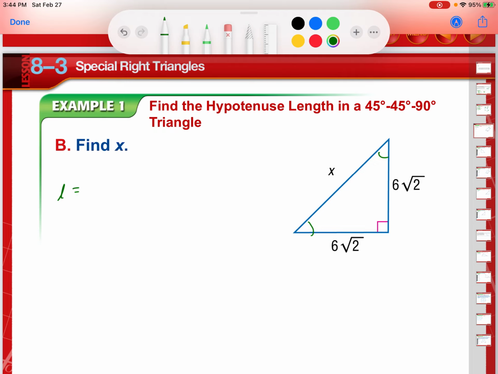So in this case, we have a side length of 6 root 2. And we know the side length times, let's make that a separate line here. So we know side length, which in this case was 6 root 2, times root 2 is going to equal our hypotenuse.